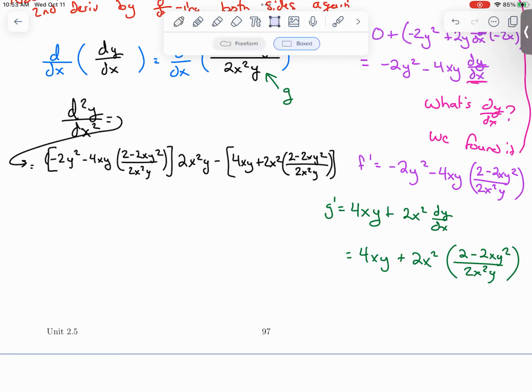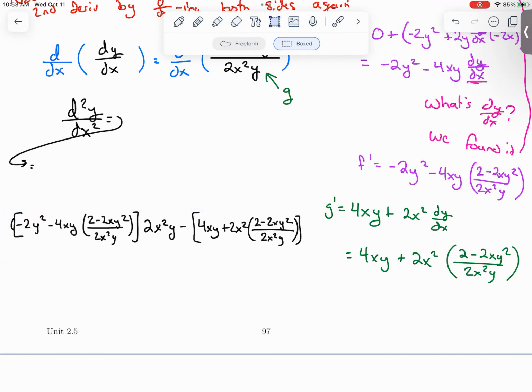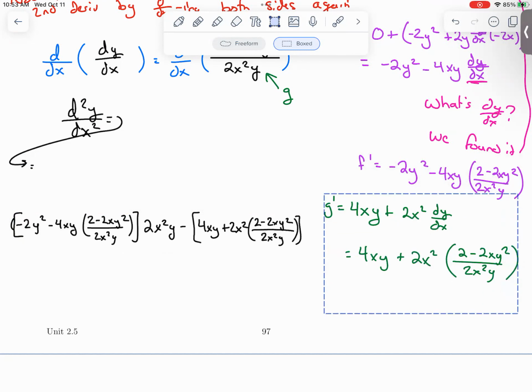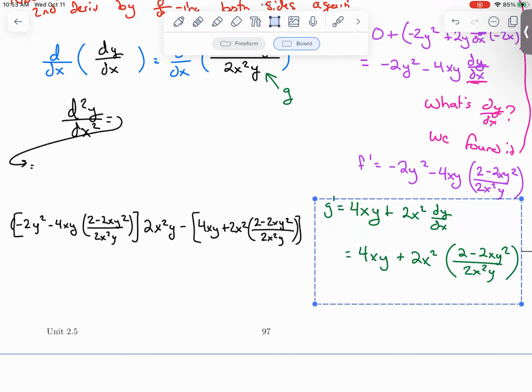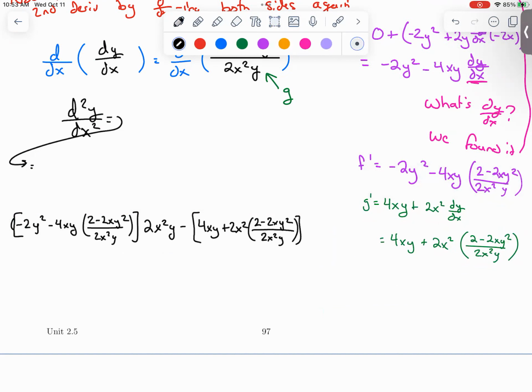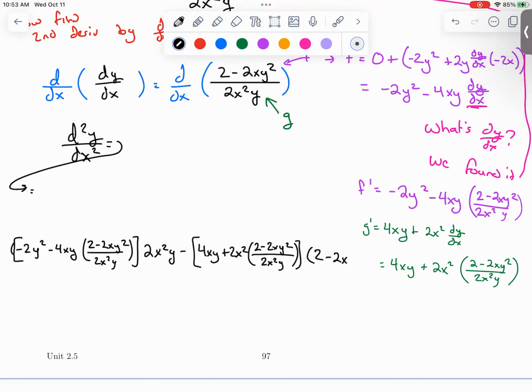So I don't have enough room, so I'm going to have to bust this down. Make this smaller. Times g, so times f, which is 2 minus 2xy squared, all divided by 2x squared y squared. And that is your answer.